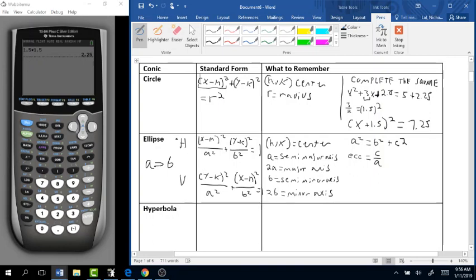I'll just do an example for a horizontal ellipse. For a horizontal ellipse, the foci would be (h ± c, k). For a vertical ellipse, the foci would be (h, k ± c).